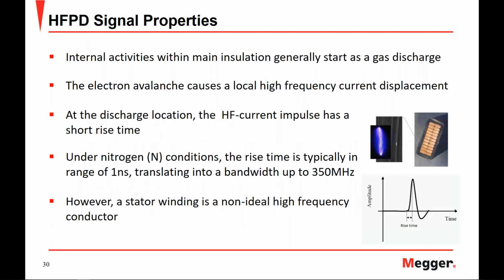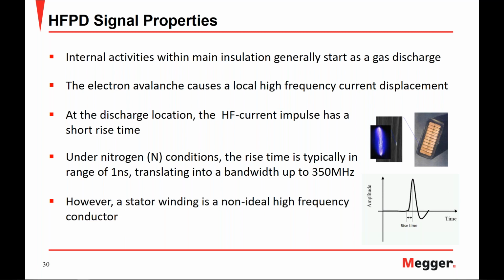The internal activities within the main insulation generally start as a gas discharge, and the previously mentioned electron avalanche that's caused by the initial accelerated starting electron changes this electrical field and causes the local high-frequency current impulse. Now, the electron avalanche during this discharge causes rise times in the range of microseconds, nanoseconds, or even picoseconds, depending on dimensions and geometry, permittivity of insulating materials, type of gas and gas pressure, and surface conductivity, resulting in a broad bandwidth.